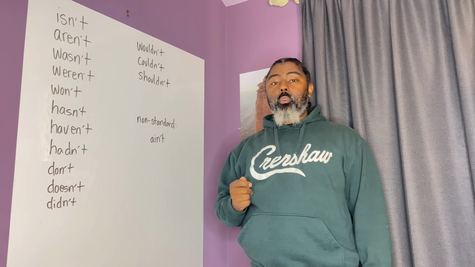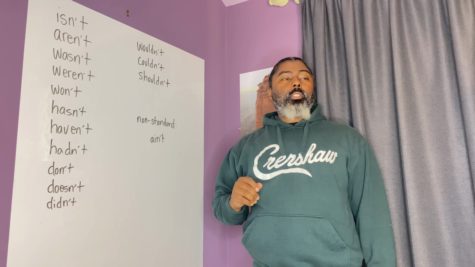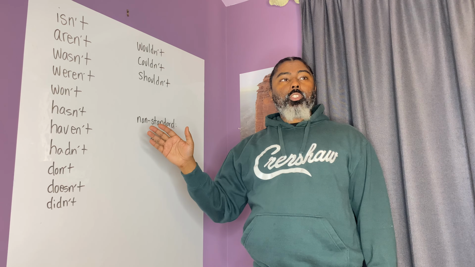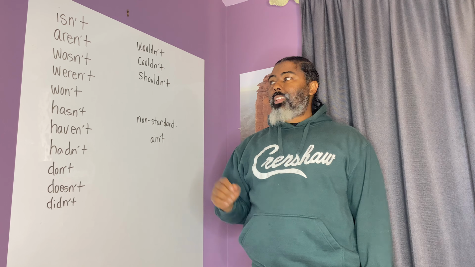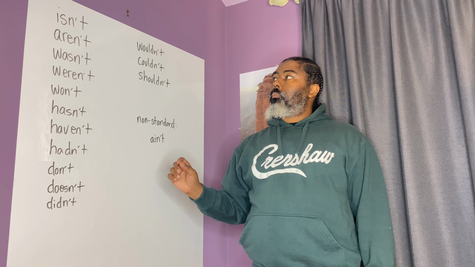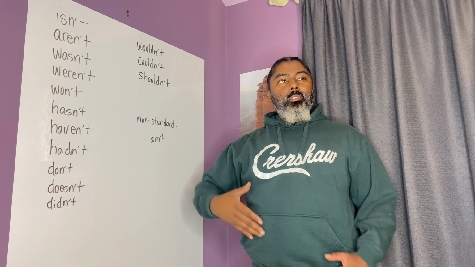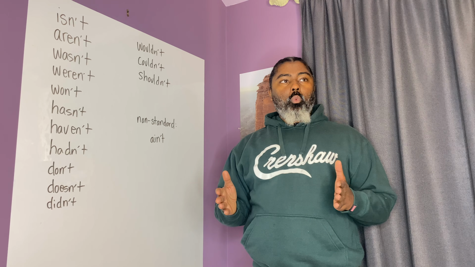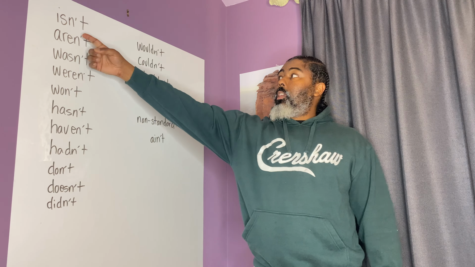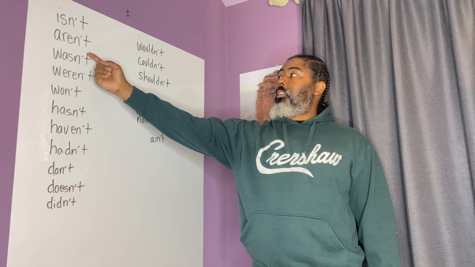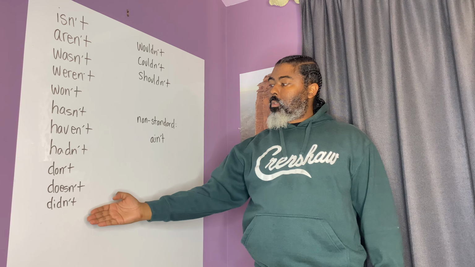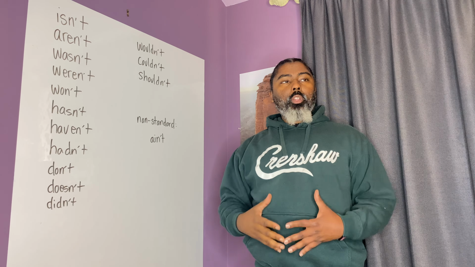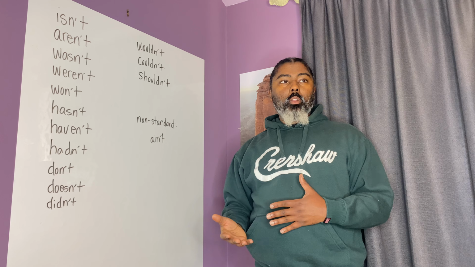Be very careful when you come across the contraction. Be very careful not to add and separate the words. You don't want to say is not, for instance, are not, was not, etc., because this is a shortened form of 2 words.